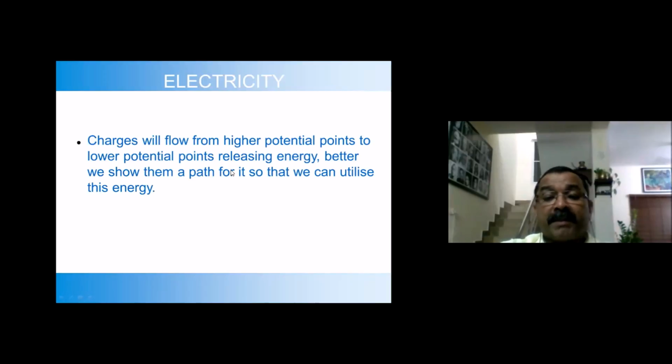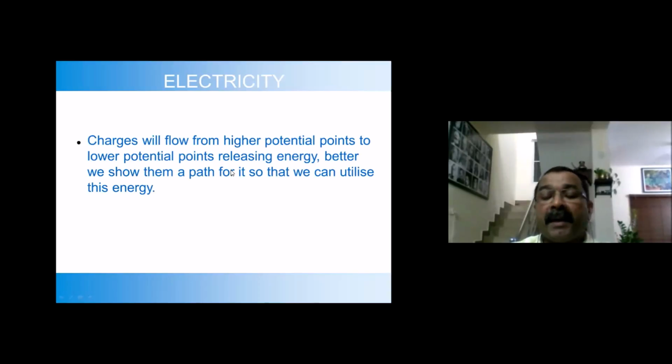That is our principle. Actually, in electrical terms, a charge at higher potential is given a path through well-designed equipments.